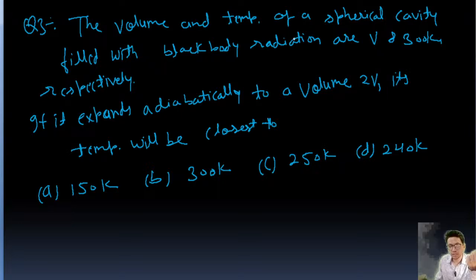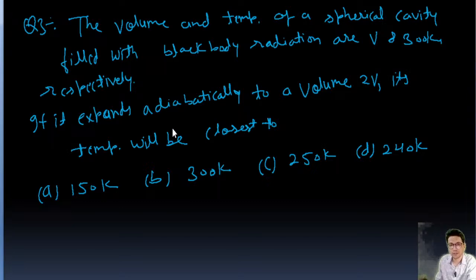So there is a spherical cavity filled with black body radiation whose volume is V at 300 Kelvin temperature. It expands adiabatically to a volume 2V, and we have to find its temperature.